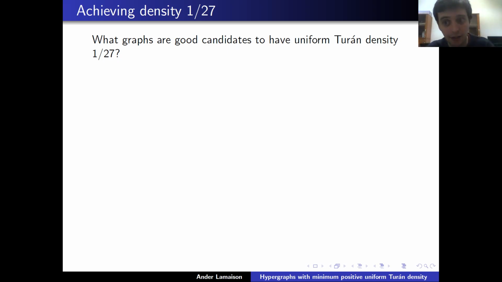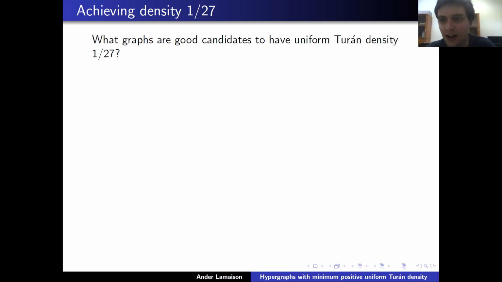And let's ask there, what is the maximum density, what is the density that already forces H to appear as a subgraph?